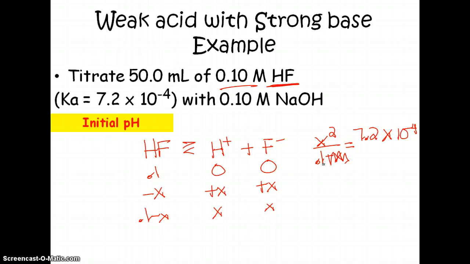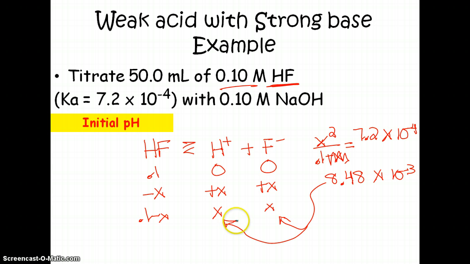All right, and I get 8.48 times 10 to the negative 3. Now essentially that's x, and x is the F minus as well as the H plus. Okay, so then if you negative log that, that will give you the pH of the initial solution, which is 2.07. So that's our initial pH that we will need to remember when we graph here in a second.